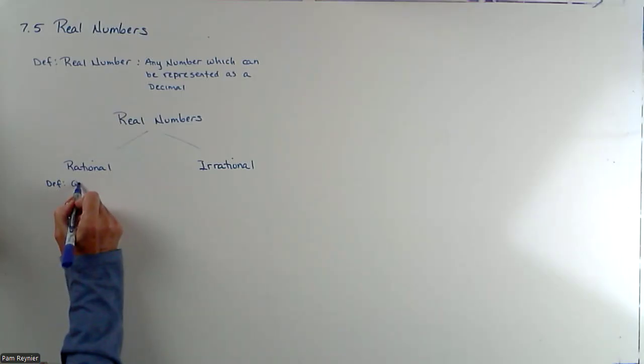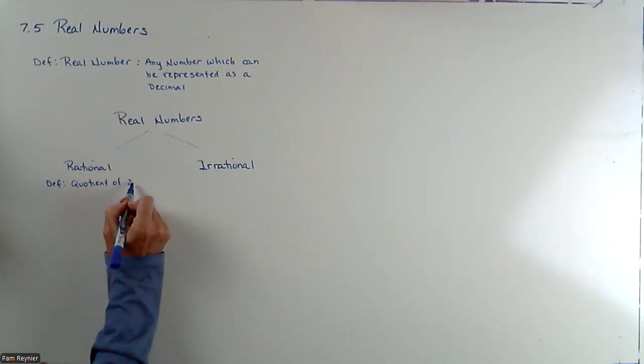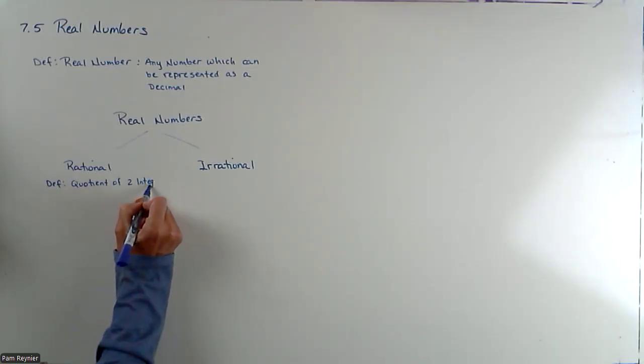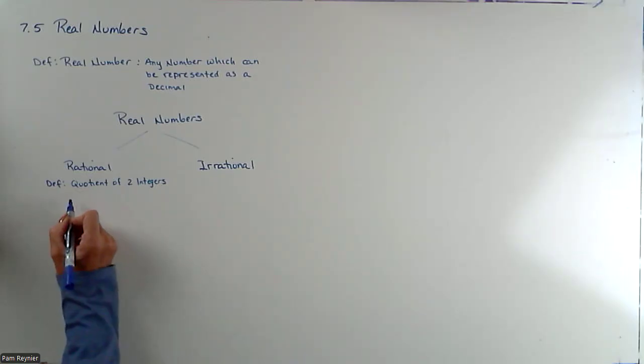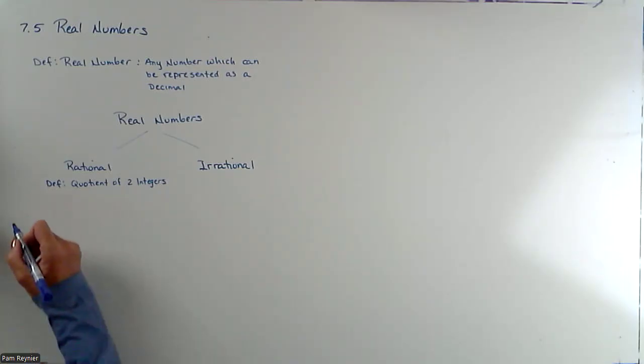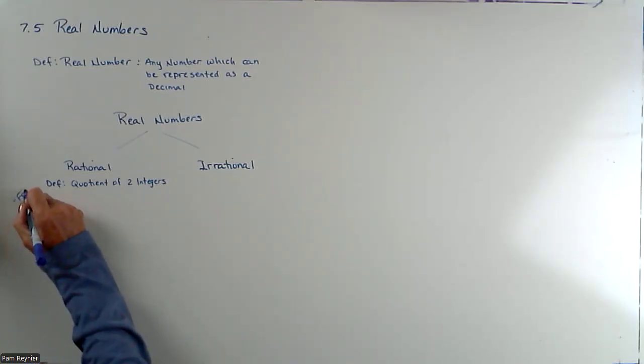This is the quotient of two integers. Quotient means to divide. Integers are positive and negative whole numbers or zero. And so we can think of this as anything that can be written as a fraction.